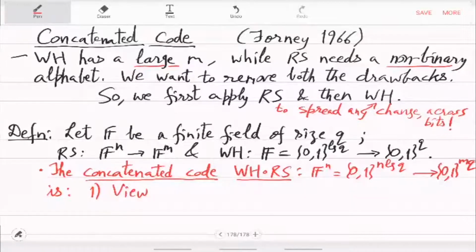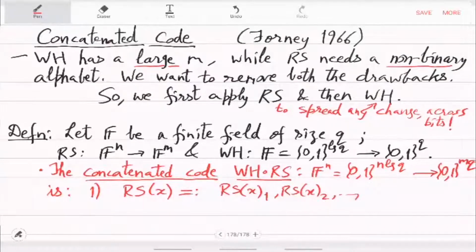In the first step what Reed-Solomon will do is it will give you the first field element, second field element, and the mth.